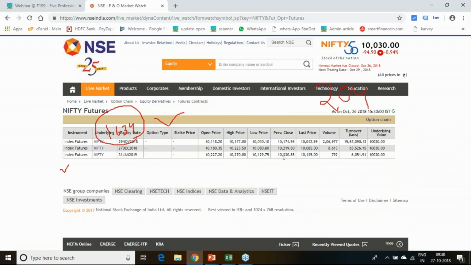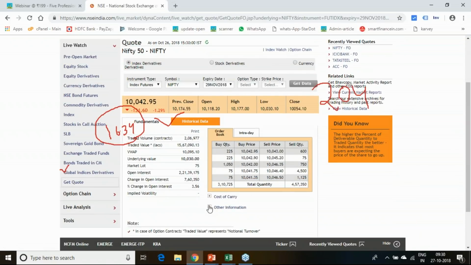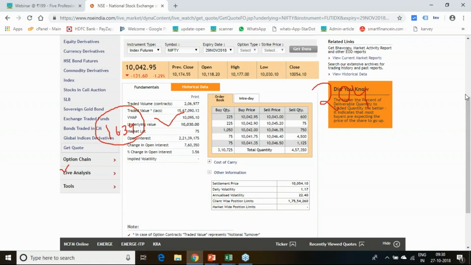Go to the futures contract here and click, and you will get the other info. The annualized volatility is 22.4. So this is the annualized volatility of Nifty. However, the trader wants to give 16.3. But this too is not real-time volatility.